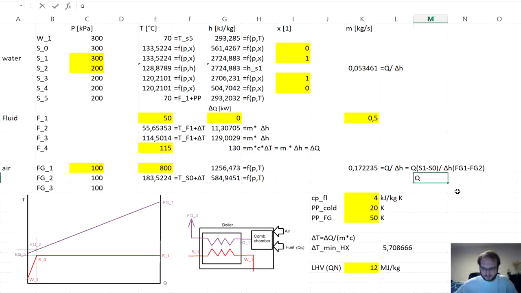So the heat transfer between point S0 and W1 equals the mass flow rate of the steam times the difference of enthalpies S0 and W1, which is 14 kilowatts.